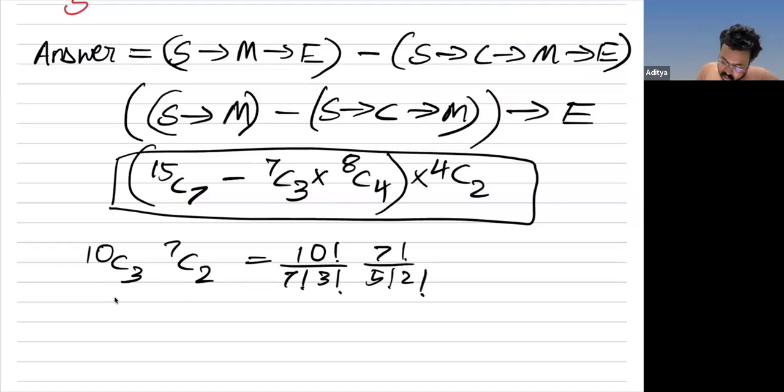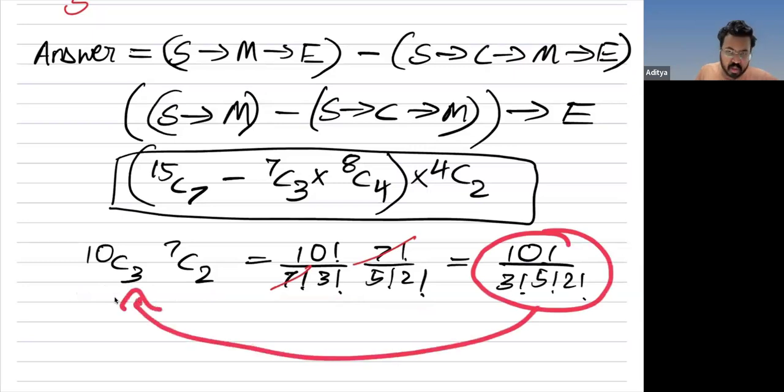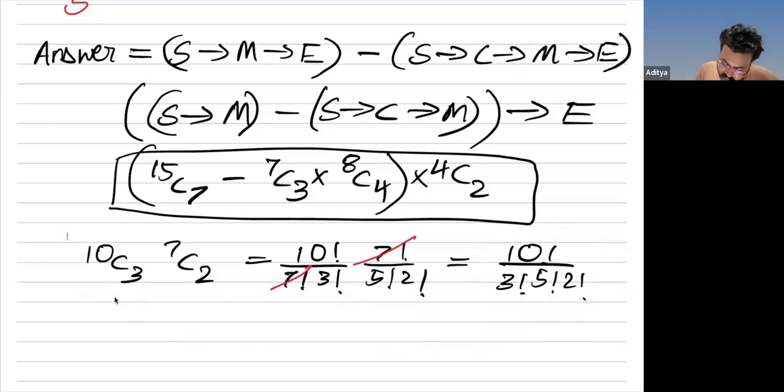This could have been the answer that you got, but the options could contain the sevens cancelled out and simply written as 10 factorial upon 3 factorial, 5 factorial, 2 factorial. So you should have the ability to differentiate whether the options match whatever expression you got. Sometimes this happens. Okay, so this is unrelated.